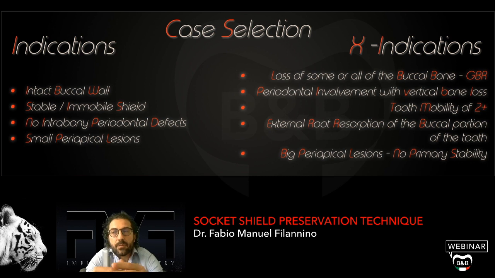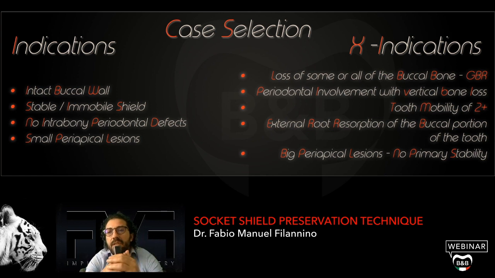Of course, if we have big periapical lesions, it is not a problem if we can reach primary stability of the implant. If not, we can, of course, keep the socket healing with the biomaterial and/or collagen to keep the three-dimensional architecture, and then we can go with the delayed implant after 2 or 3 months.